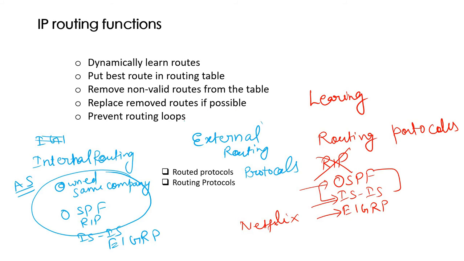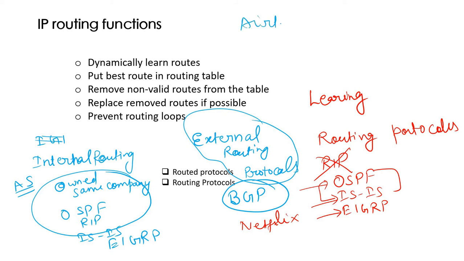And there are external routing protocols, also called exterior gateway protocols. The only one we use nowadays is BGP, the Border Gateway Protocol.